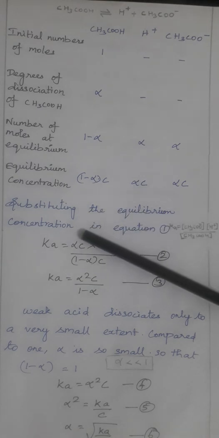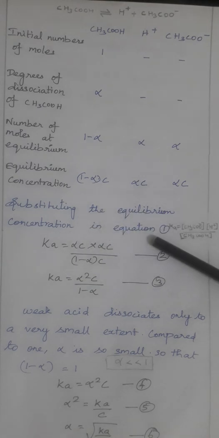Substituting the equilibrium concentrations in equation 1, Ka is equal to product concentration divided by reactant concentration.